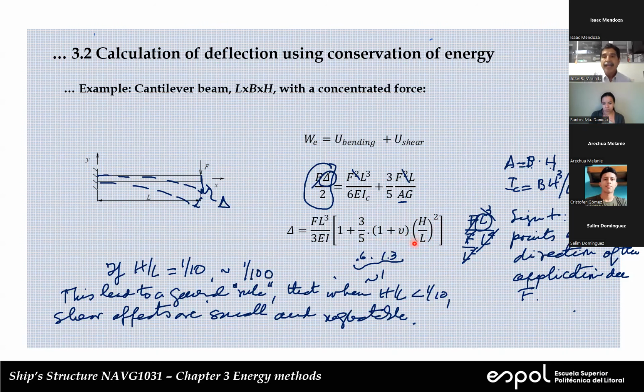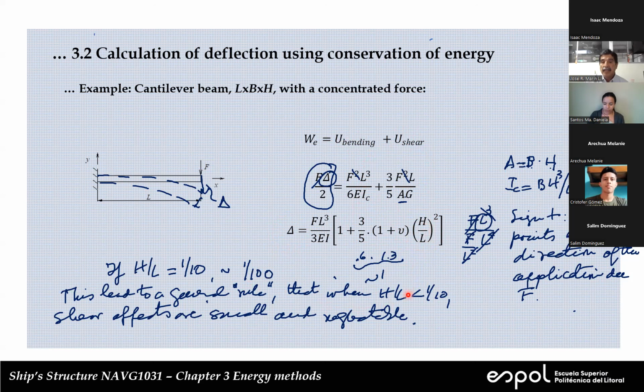If it is not the case, then this term is of importance compared to this one, and we have to include it if we want to estimate the final deflection of the beam. And more or less, this is what we did, and we said that that's the common rule, right?